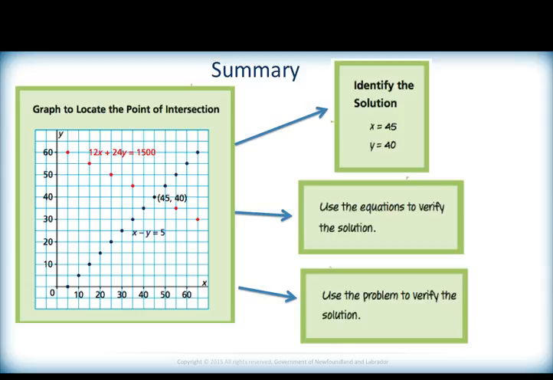You'll use the equations that were originally given, 12x plus 24y equals 1500, and x subtract y equals 5. And you're going to use those two solutions, x equals 45, y equals 40, to verify the solution. Once your problem has been verified and both sides of the equation are equal, then we know that we have a suitable and approximate solution.